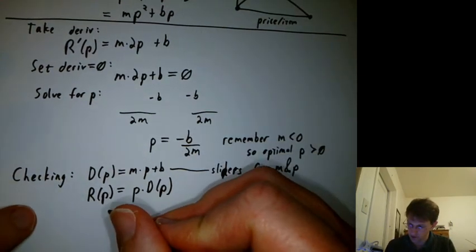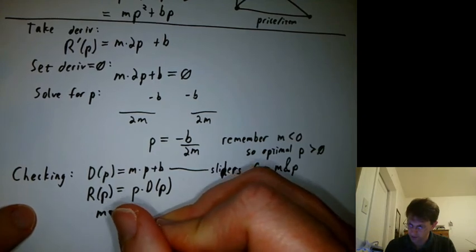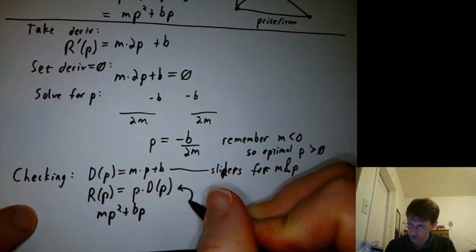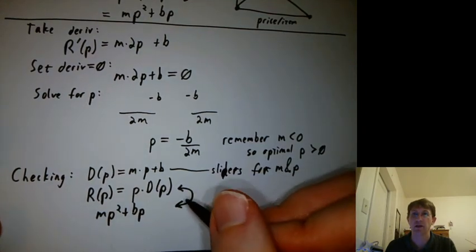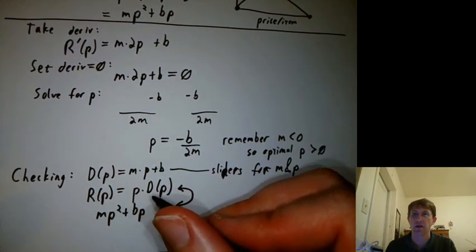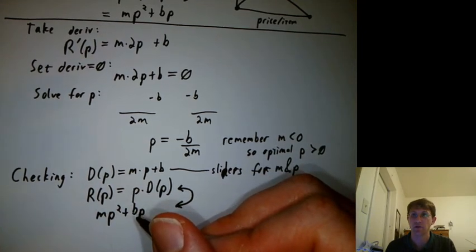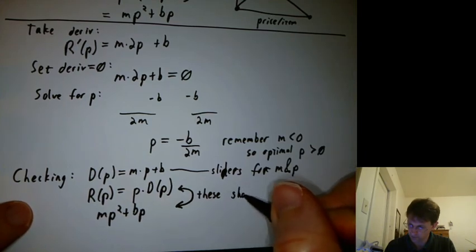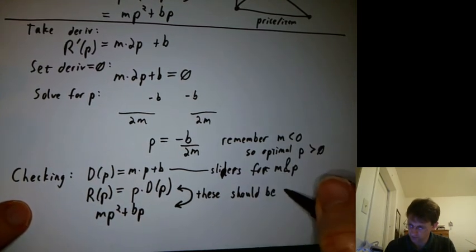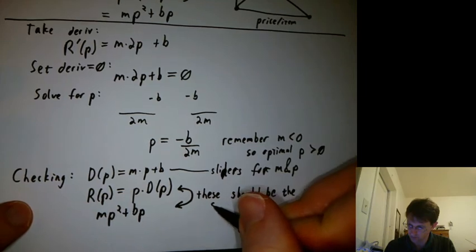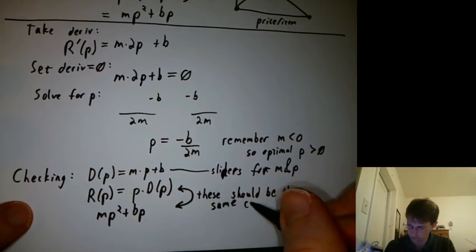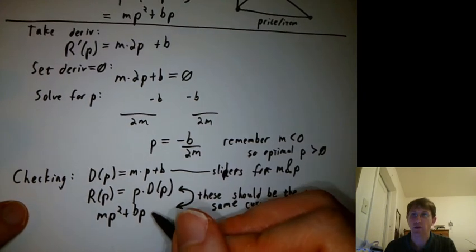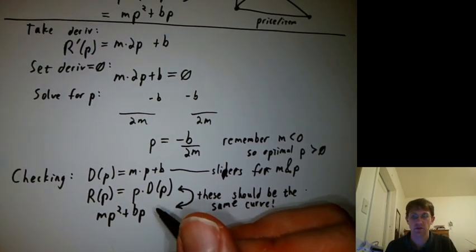So I would also type mp squared plus bp, and these two curves should be the same, and if they aren't, then I did some algebra incorrectly going from this to that before I took derivatives. So I would type both of those, then turn one off and on and make sure that the two of those overlap.